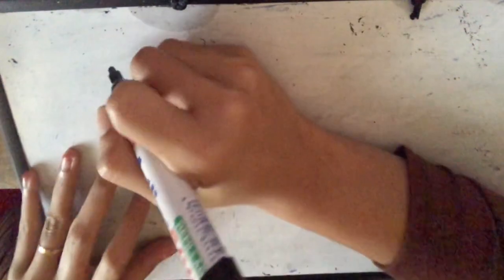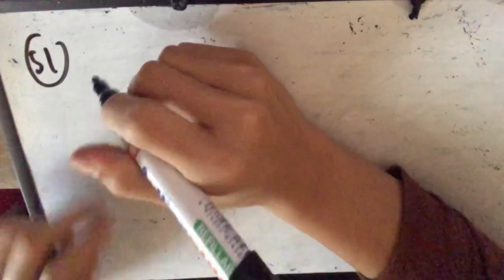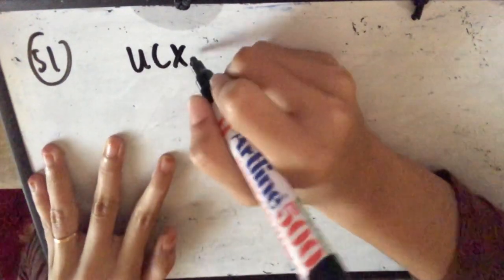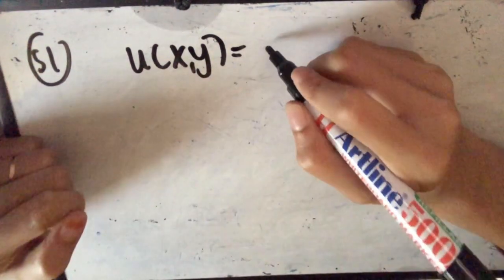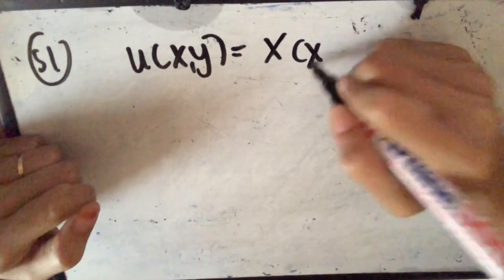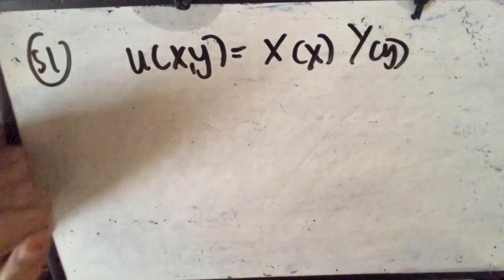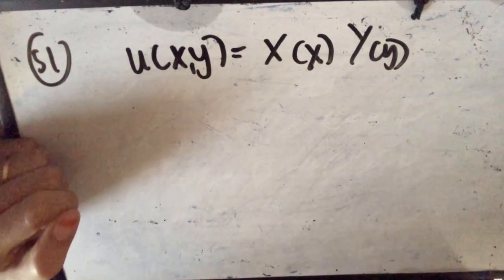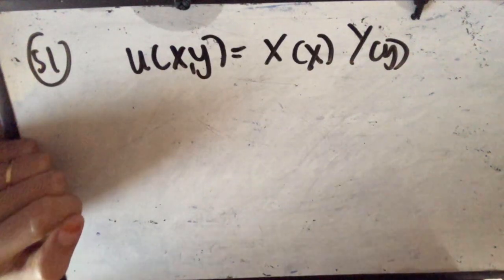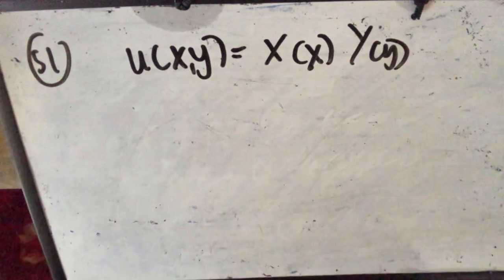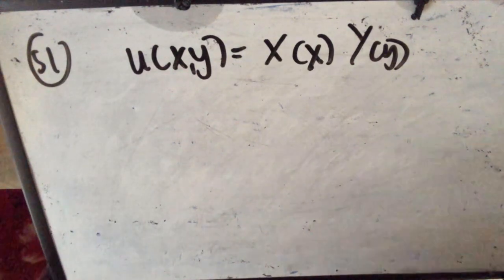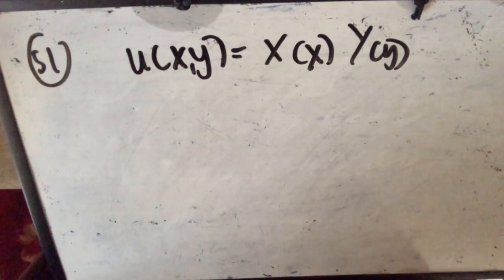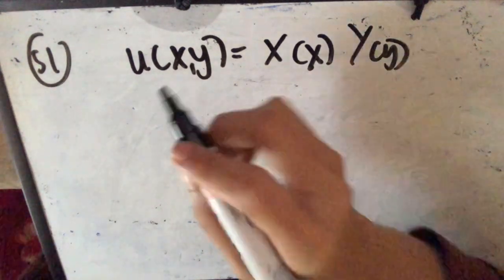Let's say I give you an example. Let you have the equation u(x,y), and we let this equal to X(x) times Y(y).